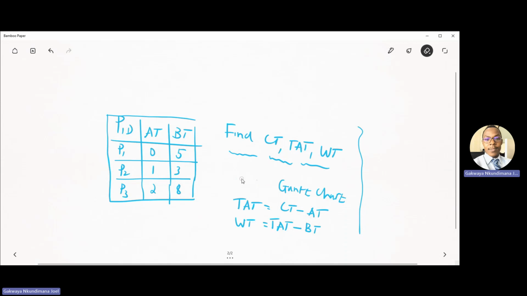So what is the Gantt chart? A Gantt chart is very useful in monitoring time or in scheduling. For example, if you have a project, you can use a Gantt chart to give the time every task needs to be completed. For example, task 1 will be completed in 1 week.